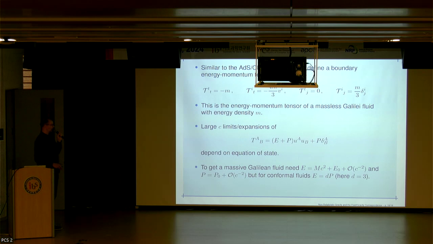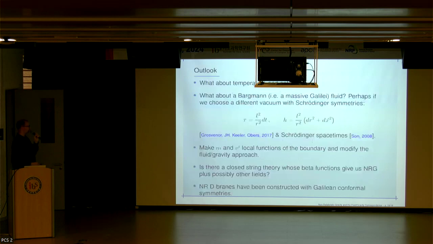In order to get a massive Galilean fluid, you need to split off a rest energy, a rest mass, so mc squared, and then the internal energy of the non-relativistic fluid is at the next order. So this is what you need in order to get a non-relativistic fluid. But the equation of state for a conformal fluid says that energy is proportional to pressure, but pressure starts at order 1. So these two statements are incompatible. So you can never get a Bargmann fluid or massive Galilean fluid from this kind of procedure.